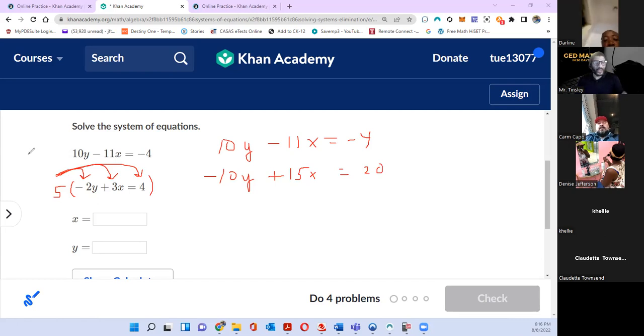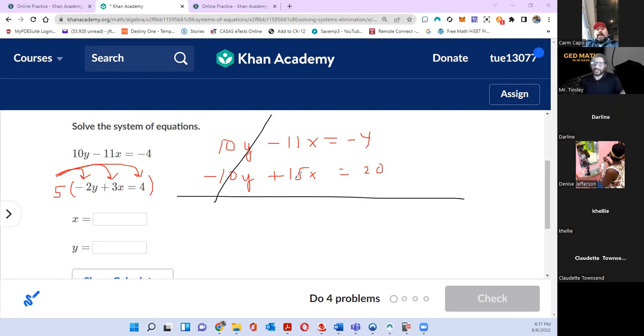So again, this is our whole purpose of solving a system of equations. We want to get rid of one of the variables. The y's are gone. 15x minus 11x is what? 4x.